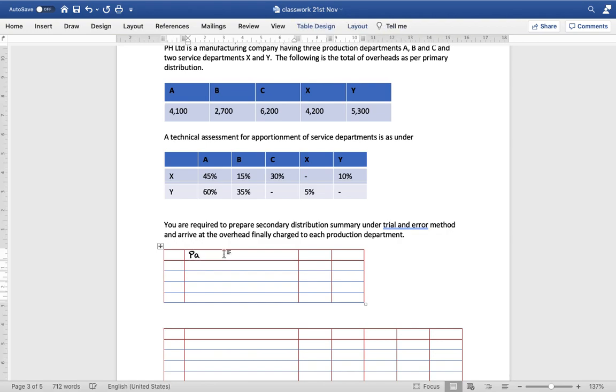Particulars, service department alone, we are going to take service department X, service department Y. So overheads as per primary distribution is 4,200 and 5,300.